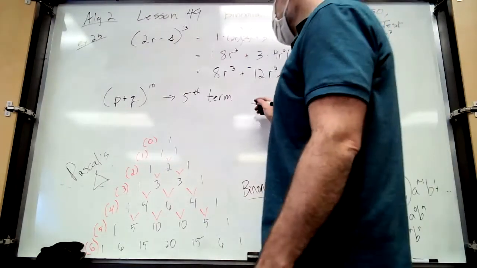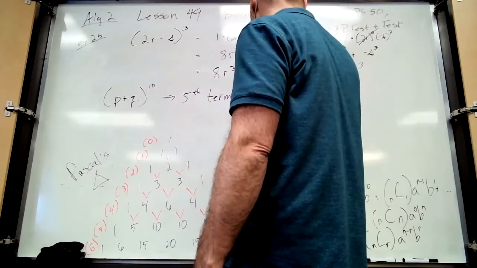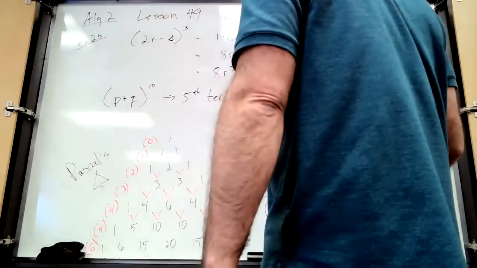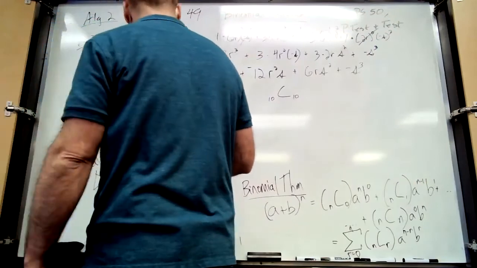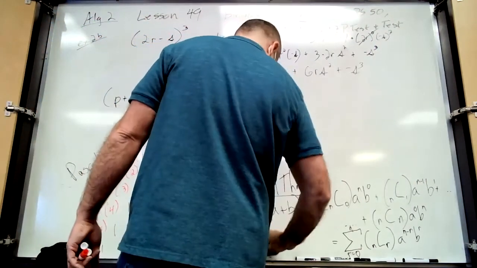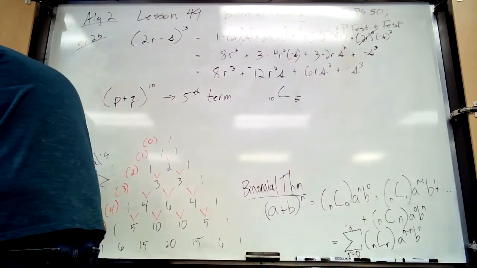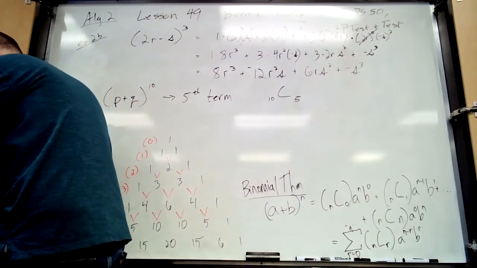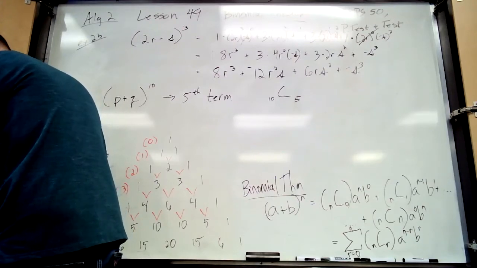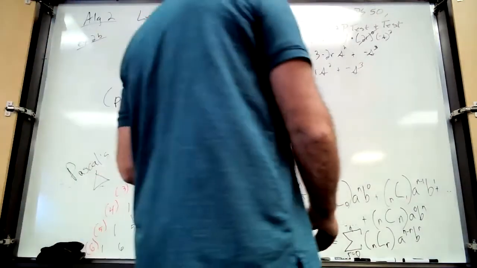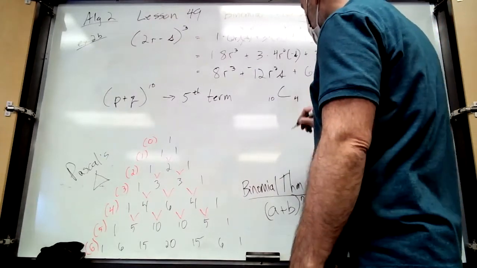combination. So this is going to be a combination of, let's see, out of 10 terms, I want a combination of this 10 exponent. Or no, I'm finding the 5th term. So I want to find that combination. No, sorry, because the first term is a 0, so this is going to be the 4th one.